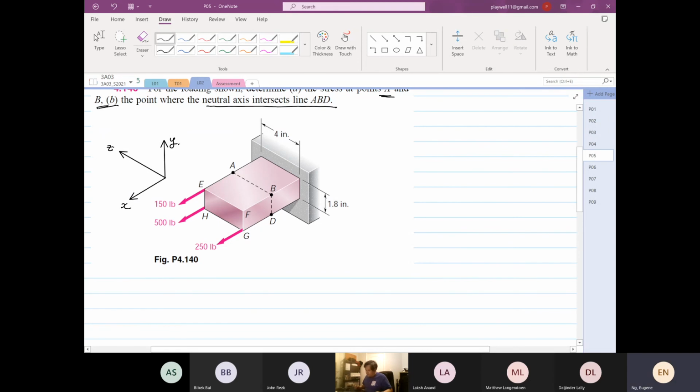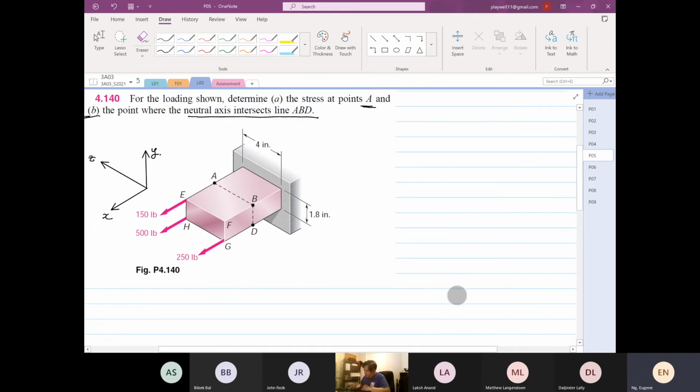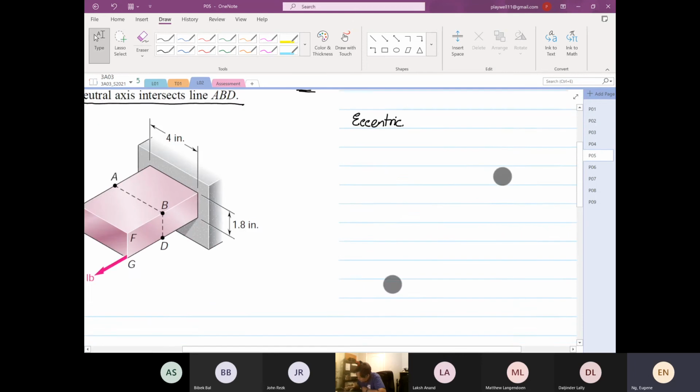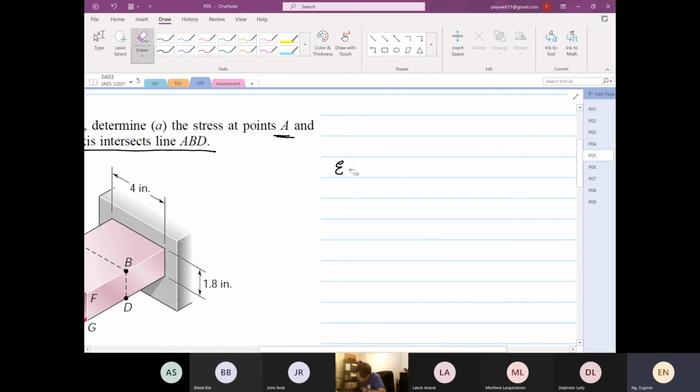So the next thing we're going to do, we know that this is eccentric, so this is classified under eccentric unsymmetrical loading.